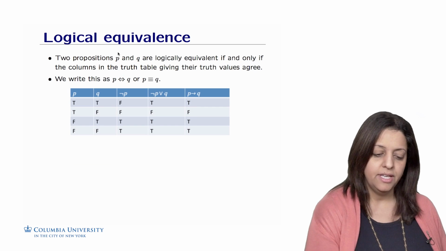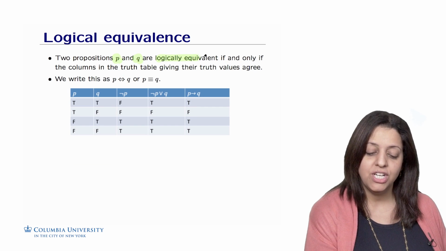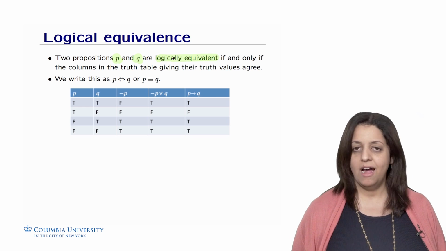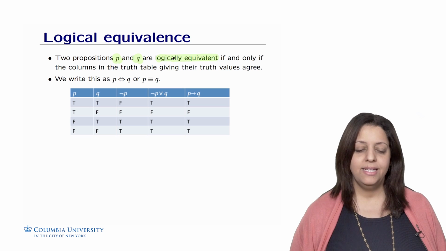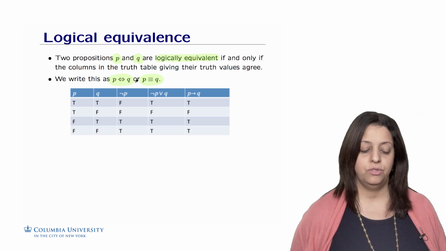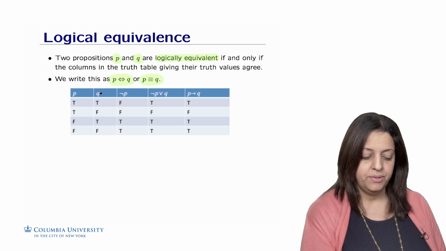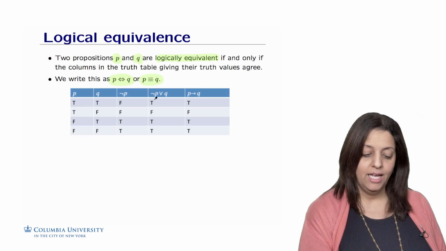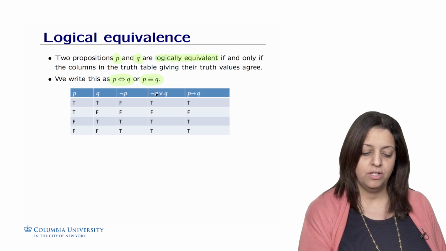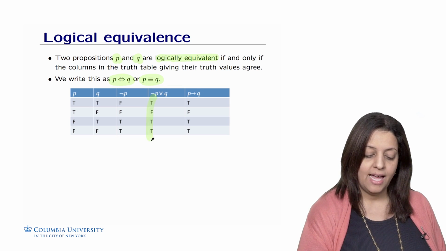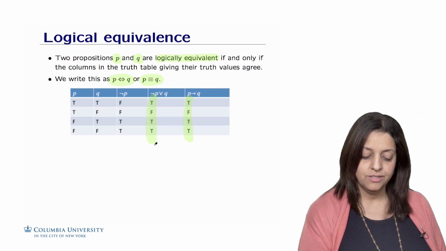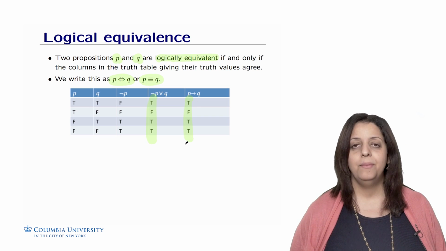Logical equivalence is another feature in propositional logic. Two propositions P and Q are called logically equivalent if and only if the columns in the truth table are actually identical. We write this as P logically equivalent to Q. For example, we know that the implication P implies Q is logically equivalent to not P or Q. You could see that if you do the truth table for these two compound propositions, you're going to get exactly the same truth value.